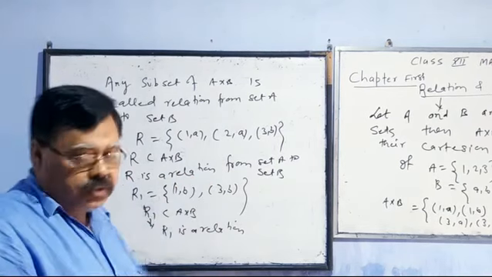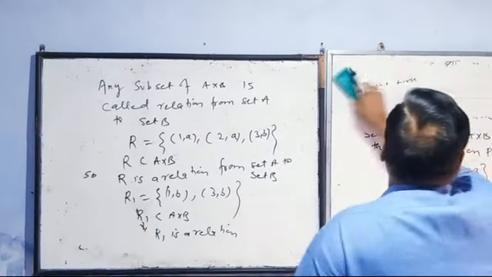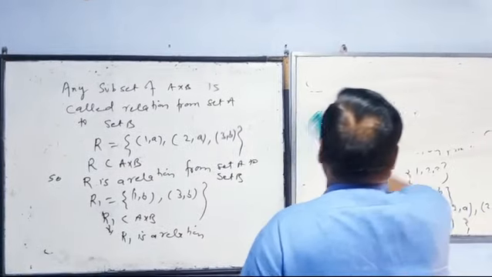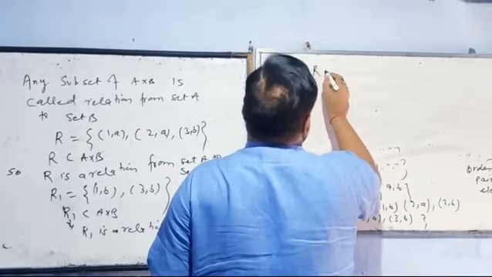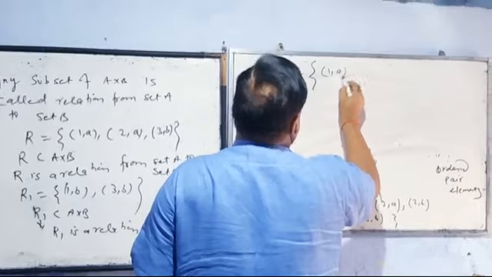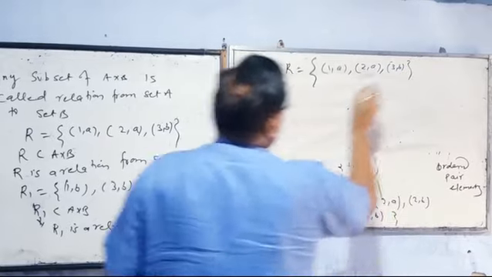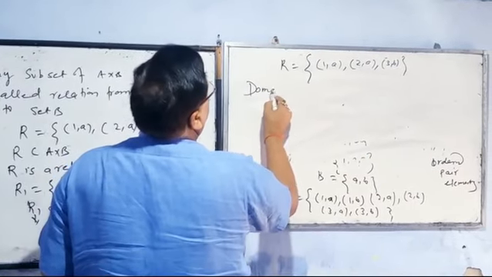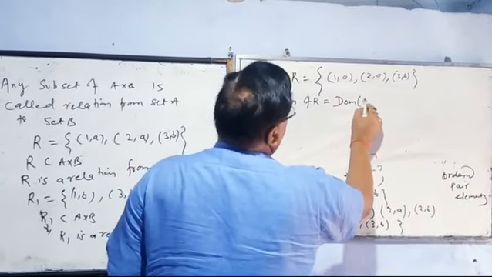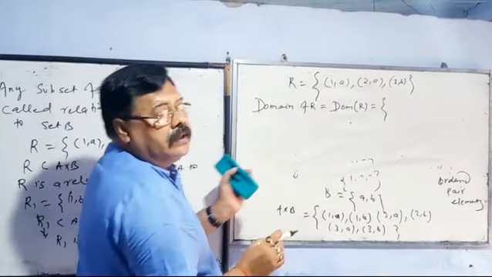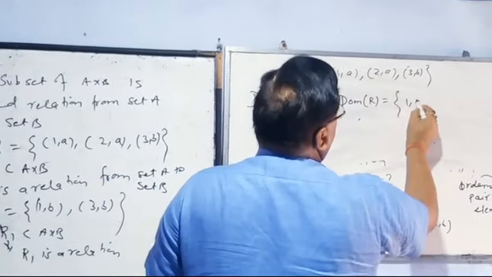To find the domain and range of a relation, students, if R is a relation containing (1,a), (2,a) and (3,b), then the domain of R is the set made by the first elements of the ordered pairs: 1, 2, 3.